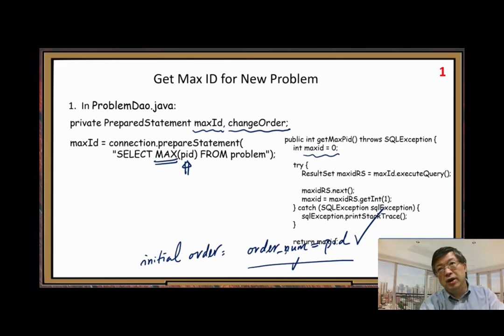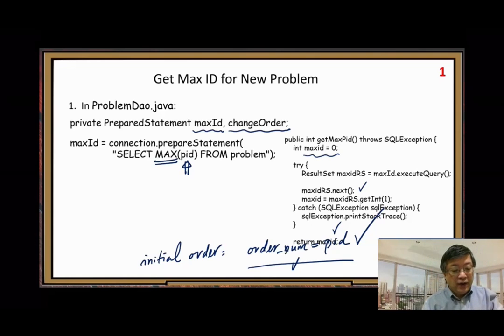We do not need to pass any parameter to it. For the return result, we expect 1 row returned. So we move the cursor to the first row, get that max ID value, and return it. So that's it.